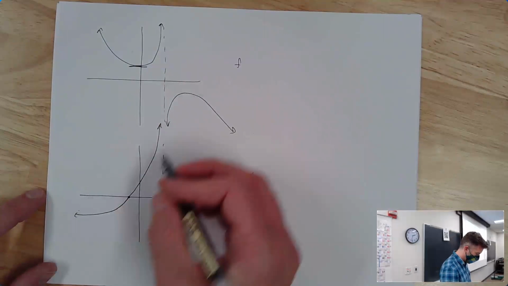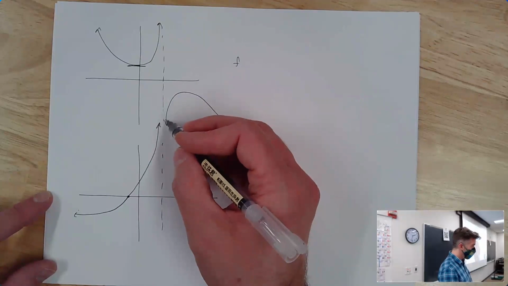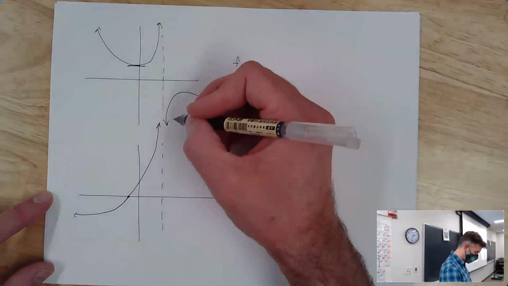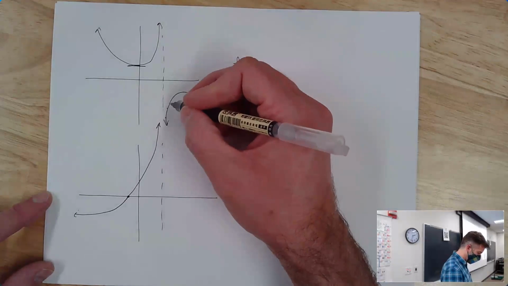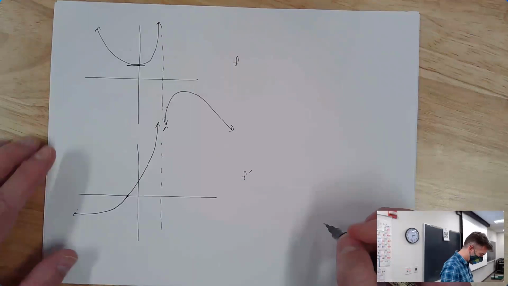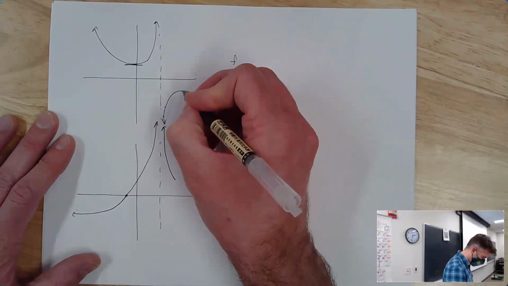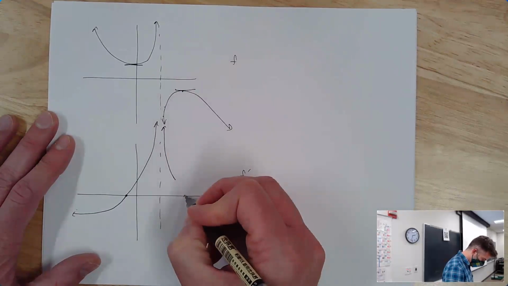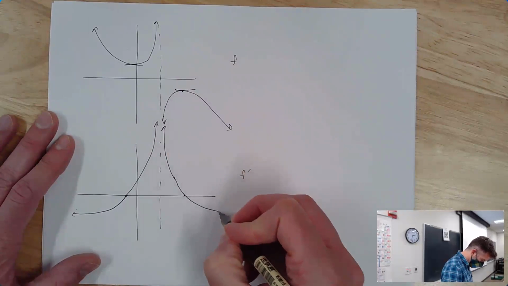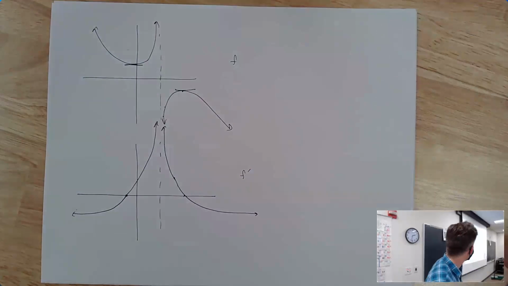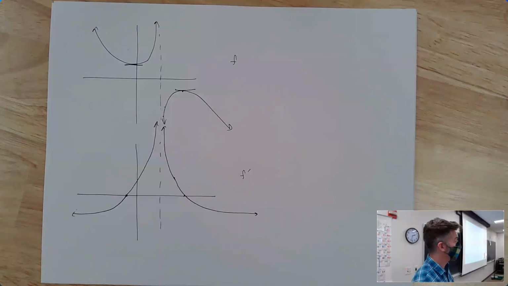Now the other side over here, my derivative is very positive as well, right? The tangent lines are still very positively steep. So the other side looks like this, and then probably does something like this. That's probably what my derivative looks like.